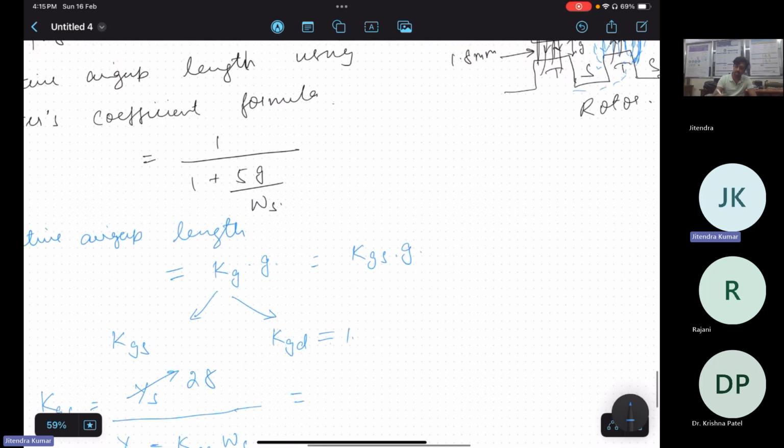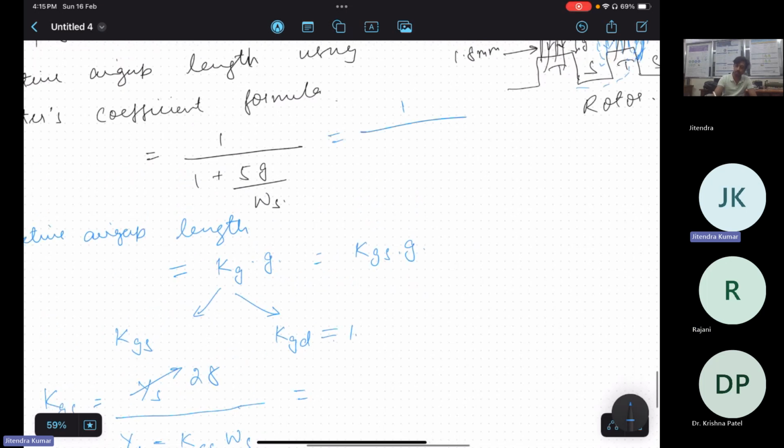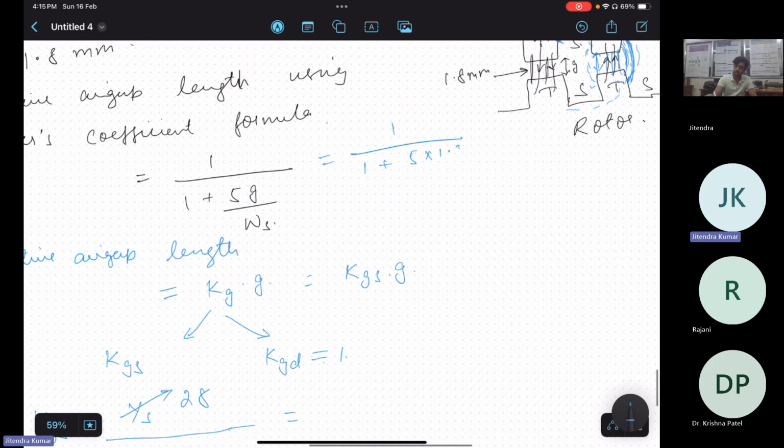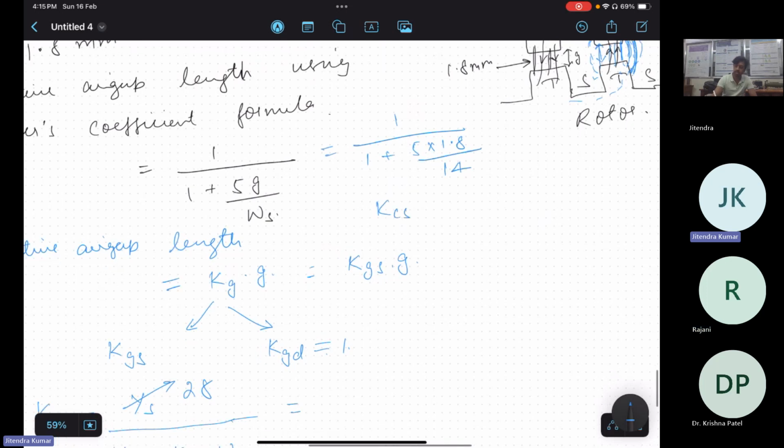We have to calculate KCS. The KCS expression is given here. We can calculate 1 divided by 5z, where z is 1.8 and the slot width is 14. So KCS will be 0.608.